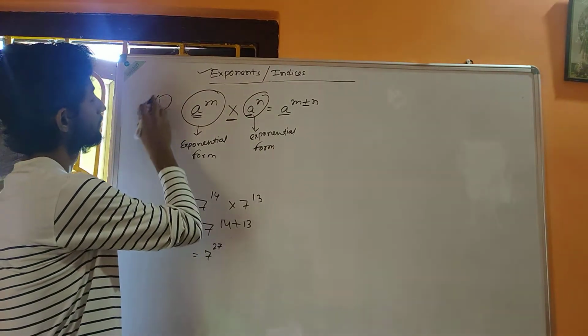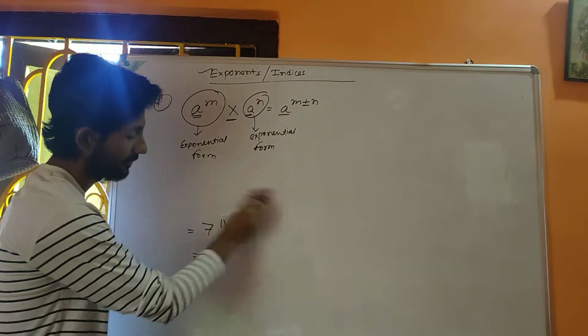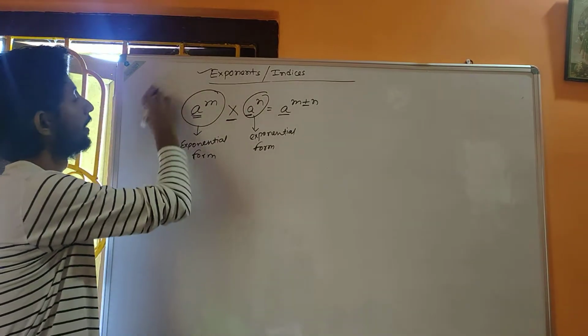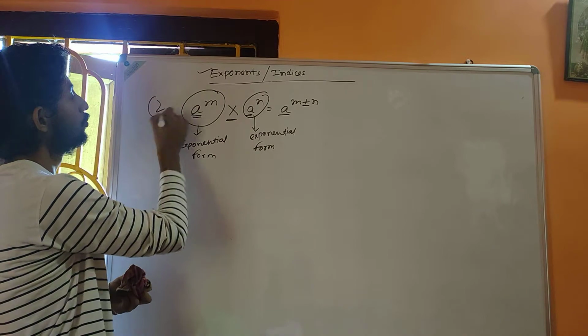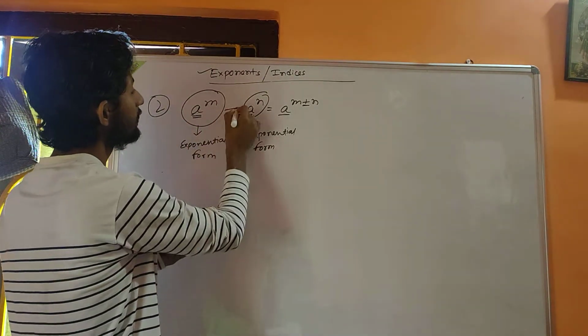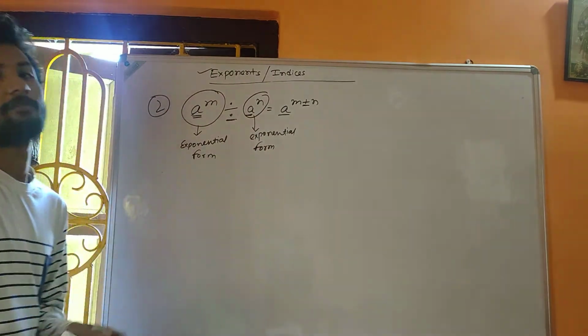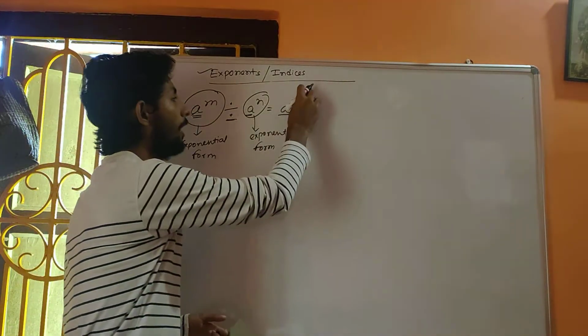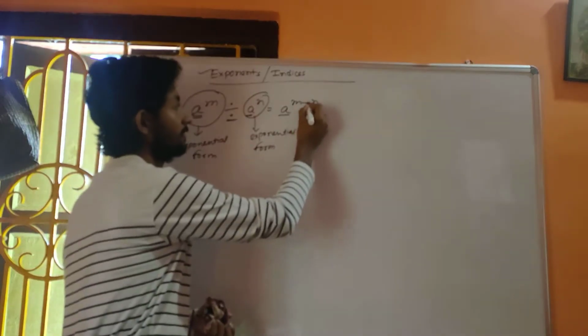Similarly, the formula number 2: if there is division, then the powers should be subtracted.